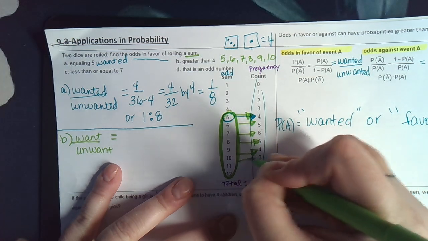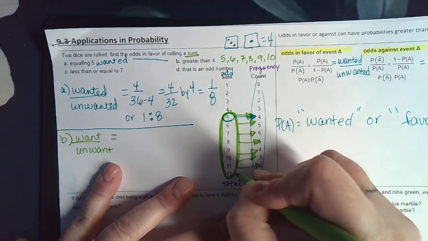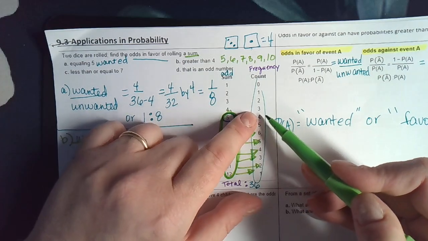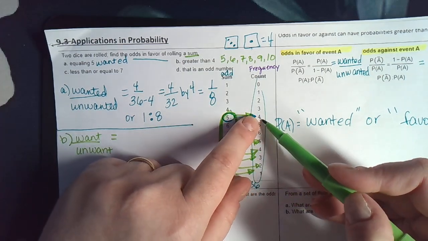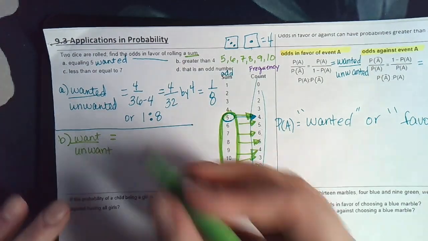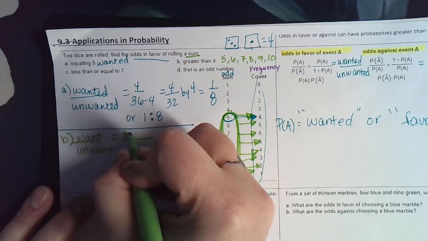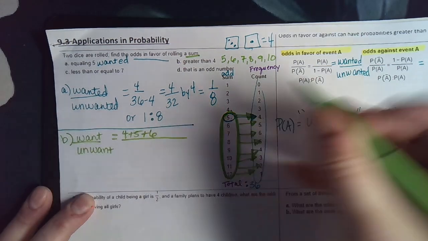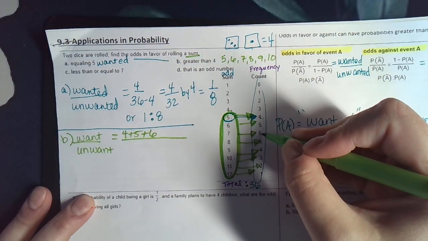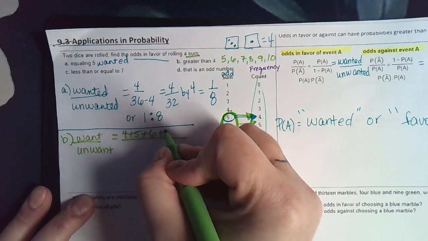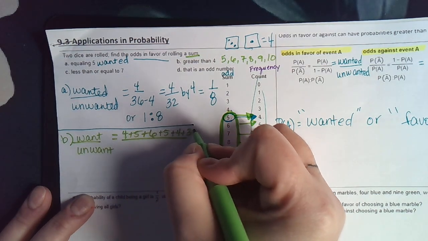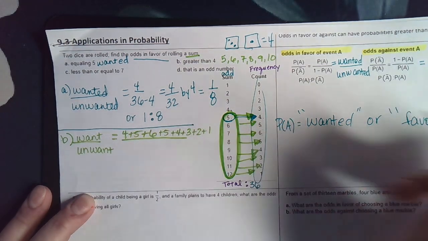So we're going to take all these numbers on the right and add them up. So the wanted is 4, 5, 6, 5, 4, 3, 2, 1.